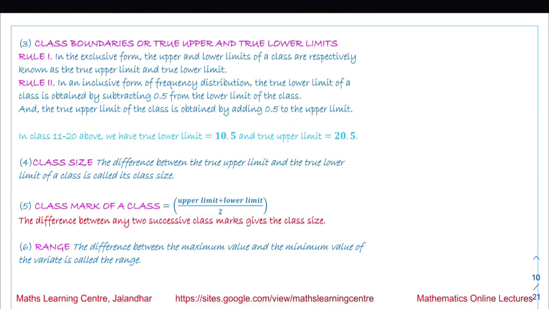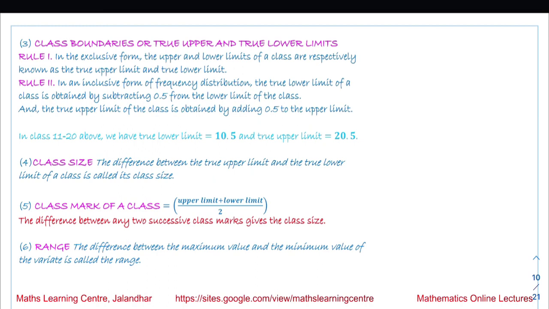Next definition we have is the class boundaries, or the true upper and true lower limits. The first rule: in the exclusive form, the upper and lower limit of a class are respectively known as the true upper limit and the true lower limit. But if the data is given in the inclusive form of the frequency distribution, then the true limit of a class is obtained by subtracting 0.5 from the lower limit of the class.